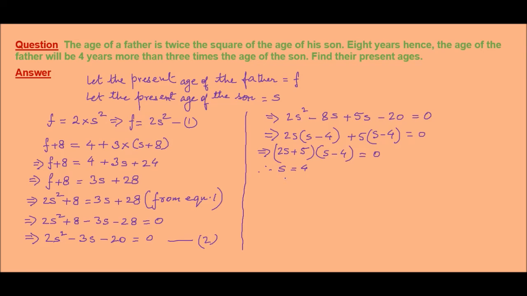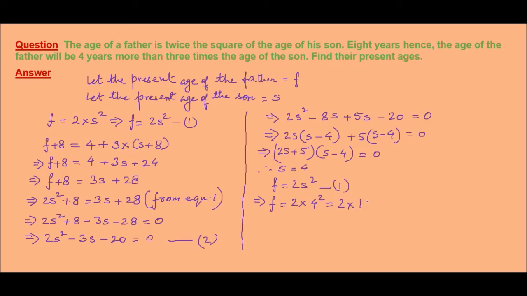Now, since we have got the value of s, we will be able to find the value of f from this equation, equation number 1. F is equal to 2s square. So, we are putting the value of s in this equation number 1 and we get 2 times 4 square, which is 2 times, what is 4 square equal to?